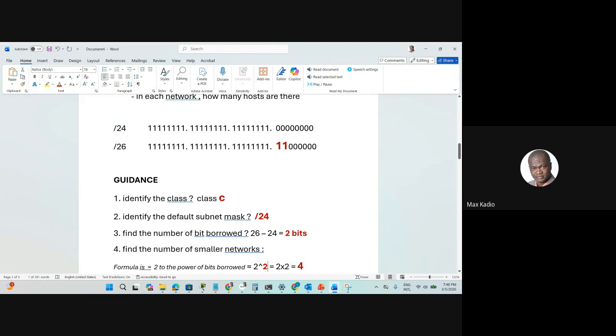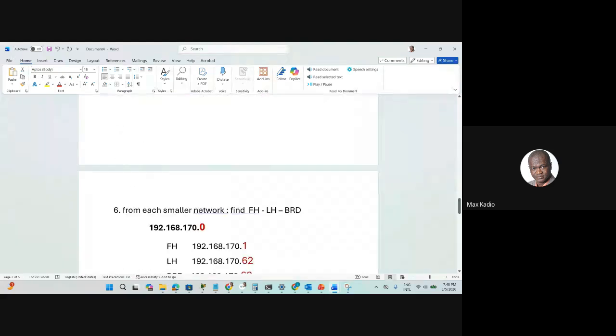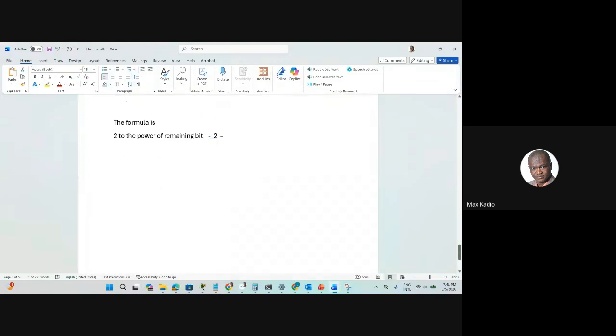So if I take 2, how many remaining? 6, because each block is 8 bits. If I take 2, the remaining will be 6. That's why we come here to find the hosts: 2 to the power of remaining bits. In our case, 2 to the power of 6, because 6 bits remaining, minus 2.